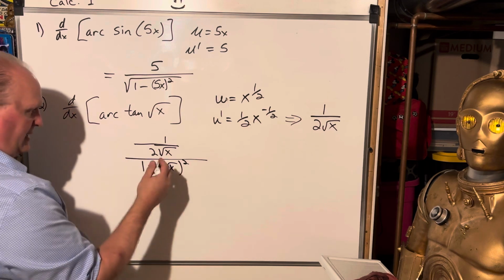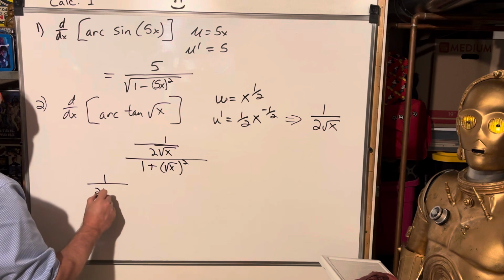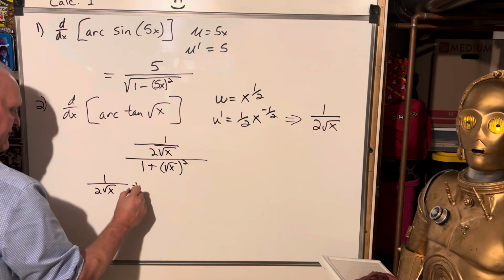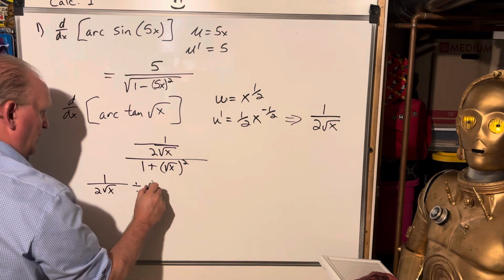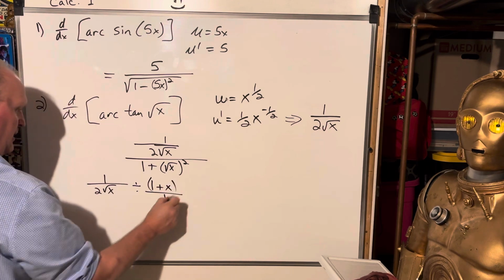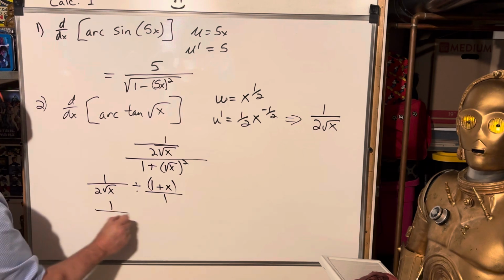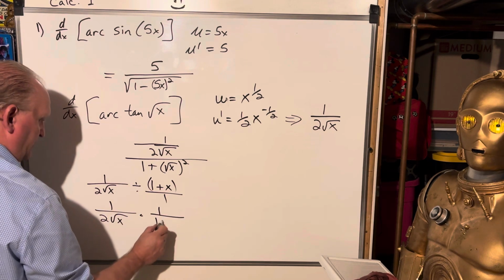So what does that end up being? Well, remember how this works. We have 1 over 2 square roots of x divided by 1 plus x over 1. And so we never divide fractions. We multiply by the reciprocal. So 1 over 1 plus x.